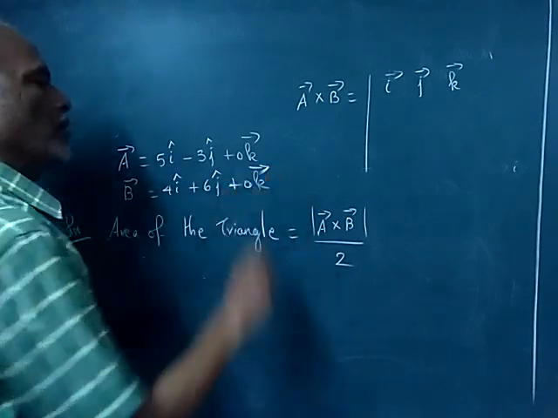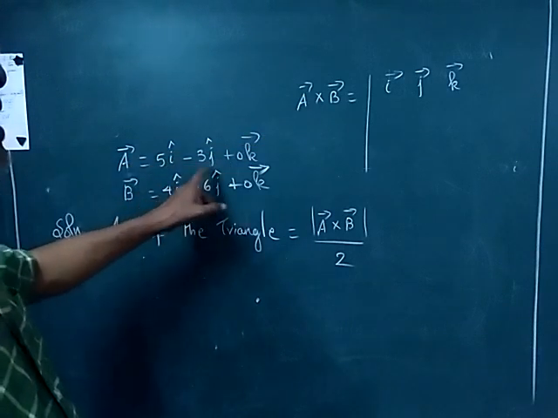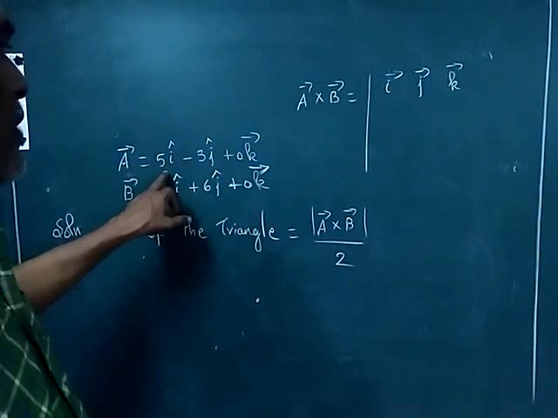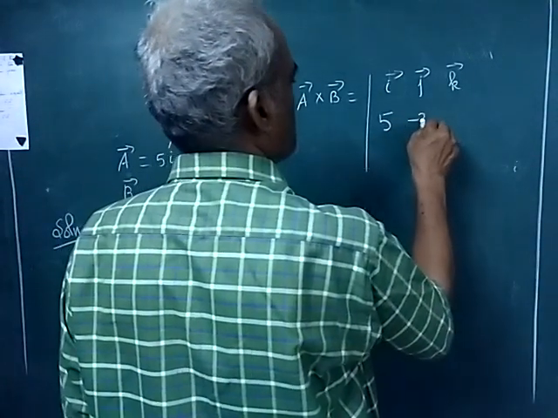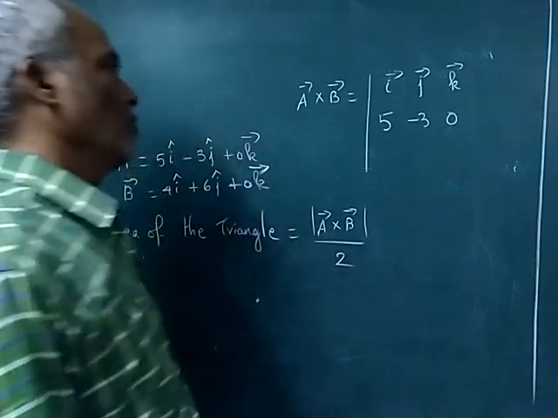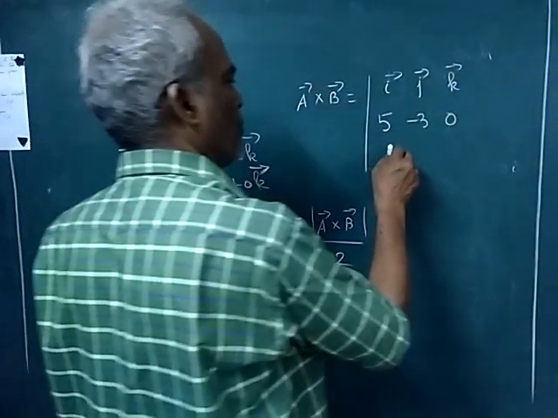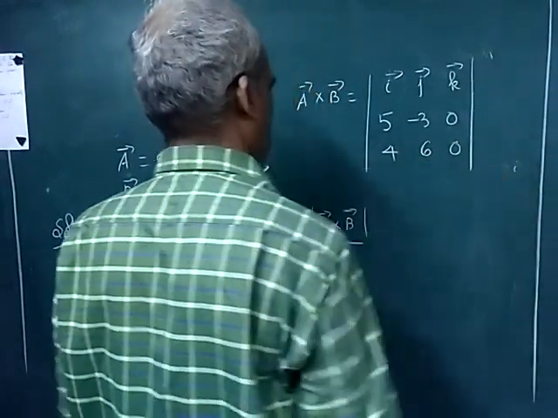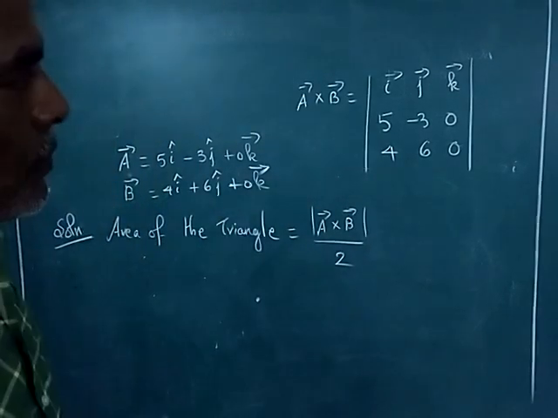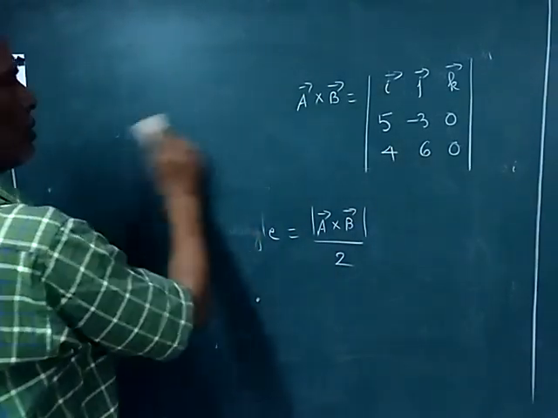First is a vector. You write down the components of i, j, k. So 5, minus 3, 0. For b vector it is 4, 6 and 0. We have to find the determinant value for this. Then we have to take the magnitude.